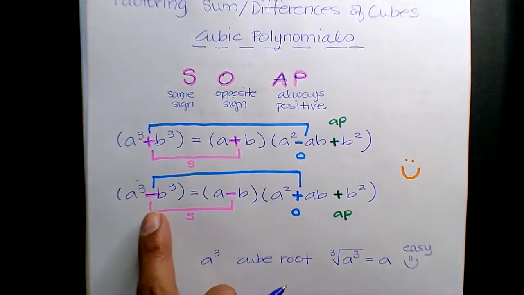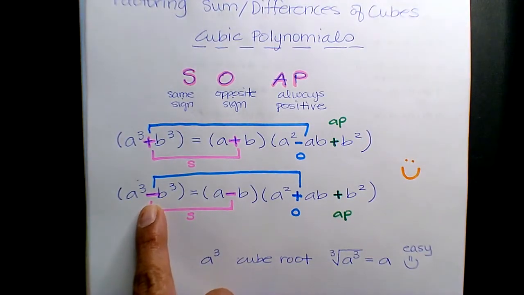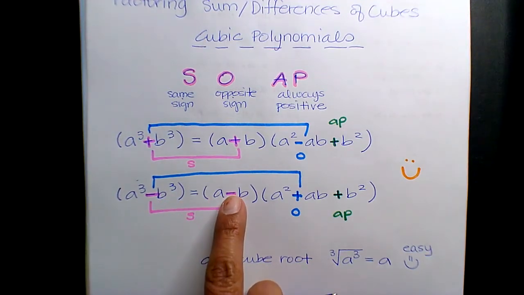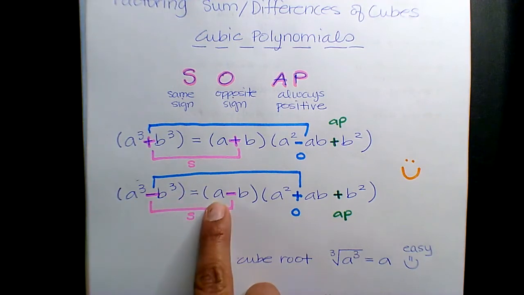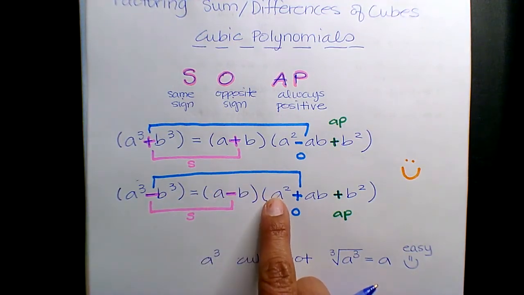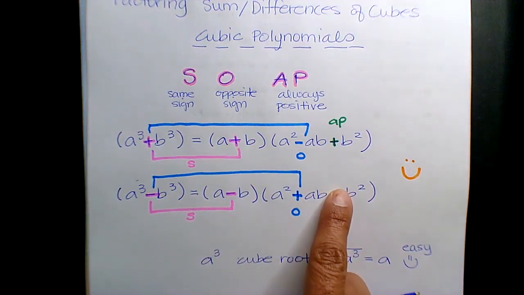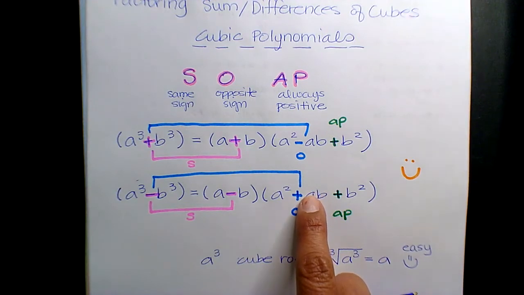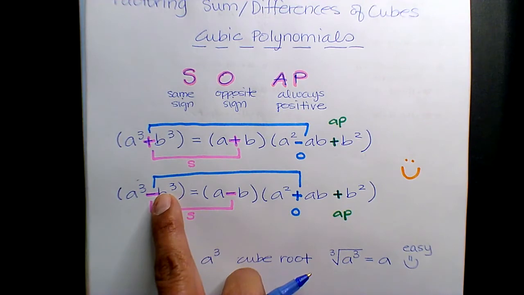So if you have a negative in your cubic, the linear will be negative because that's the same sign, but then after you'll go positive, positive, positive. Because remember that second term is always the opposite of whatever that sign is.